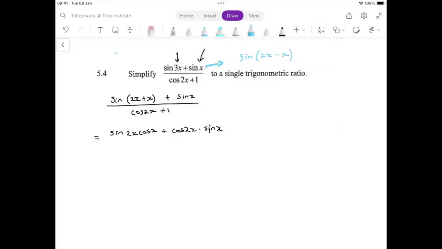That way, I do have a double angle for sine as well, and some stuff will start canceling out. If I expand this part, I am going to have sine of 2x cos of x minus cos of 2x multiplied by sine of x. That's what I'm going to plug in here: plus sine 2x cos of x minus cos of 2x multiplied by sine of x.